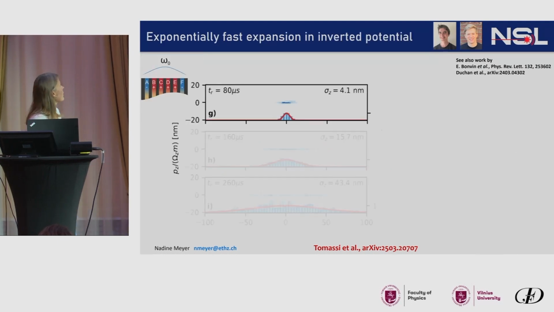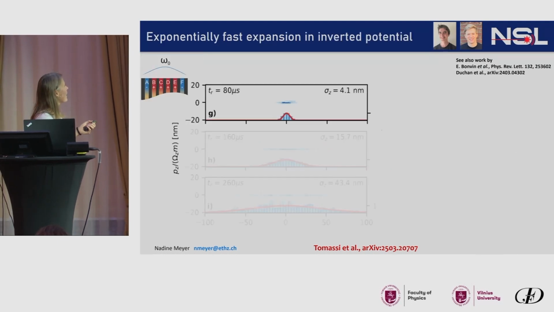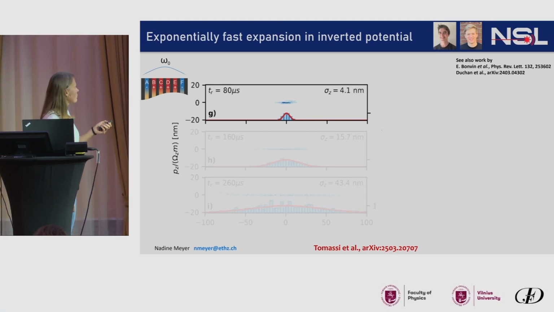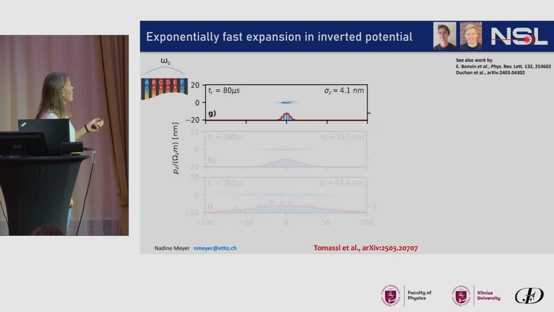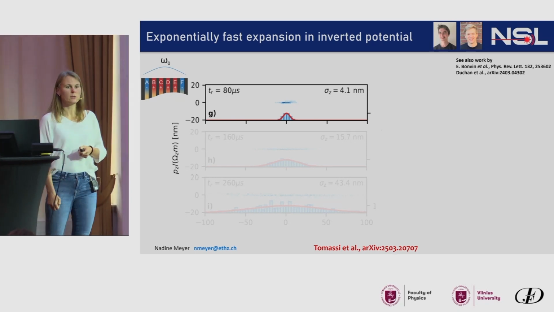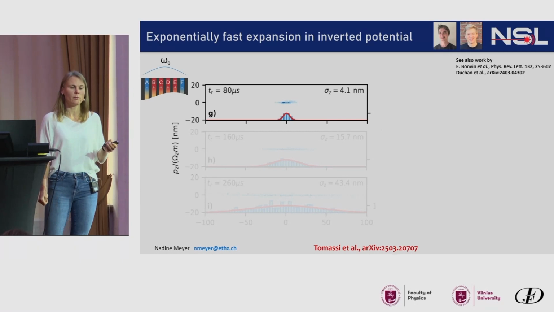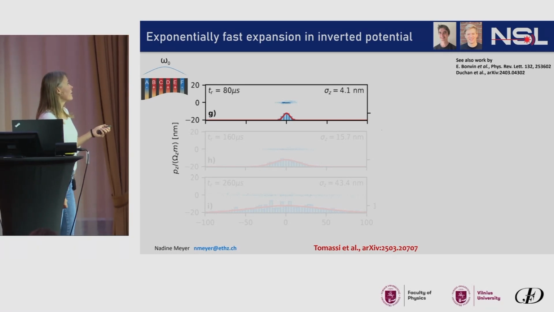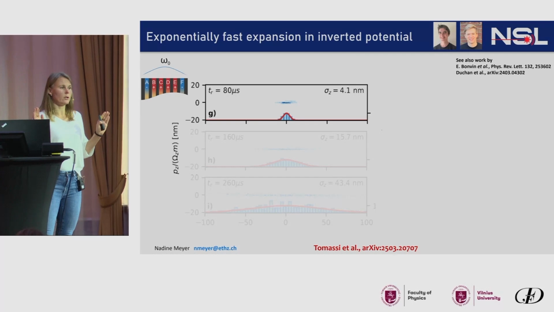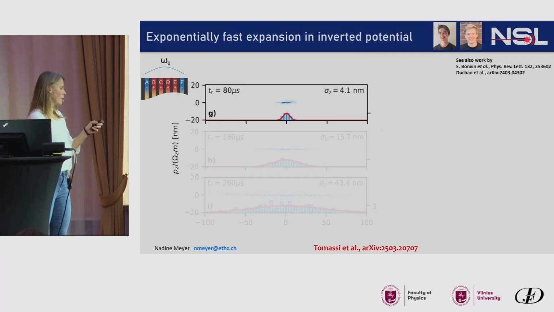So now our axis of interest is along the optical axis, where we have the inverted potential. After 80 microseconds, our state is still only a few nanometers in comparison to the other one. This is much smaller, but this is already due to the fact that this state initially was much, much smaller. It was tens of picometers in the beginning.